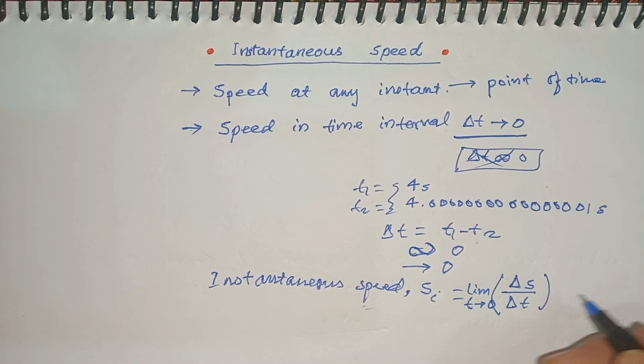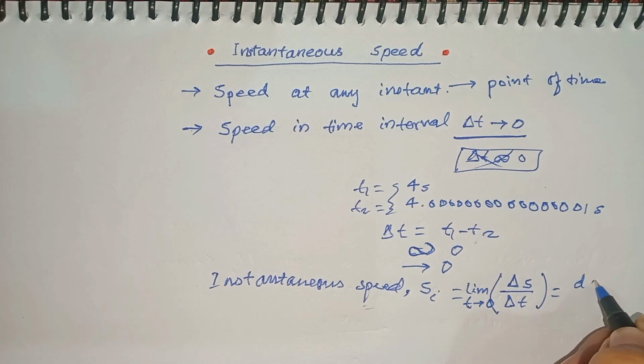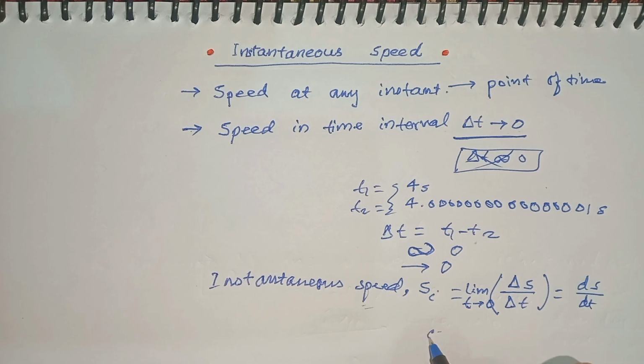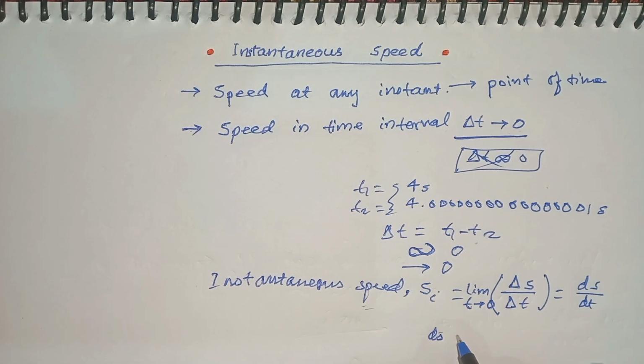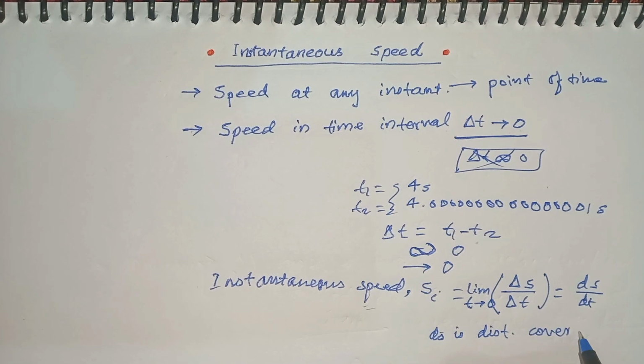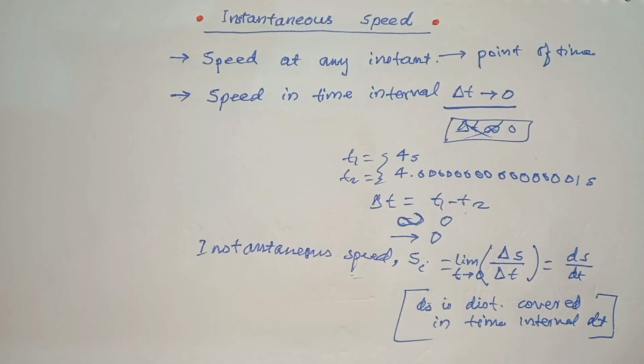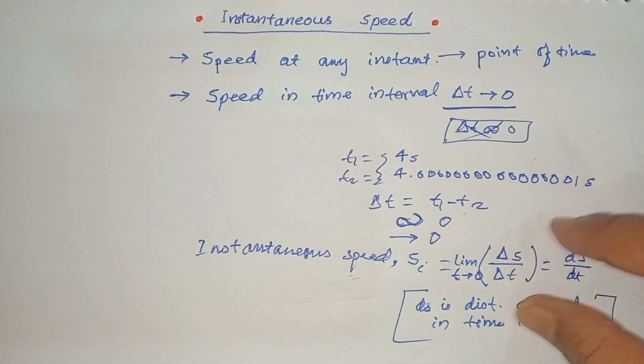It can also be written as ds by dt. It is pronounced ds dt simply, but we are habituated to say ds by dt, where ds is the distance covered in time interval dt. We have already studied these things in differentiation calculus.